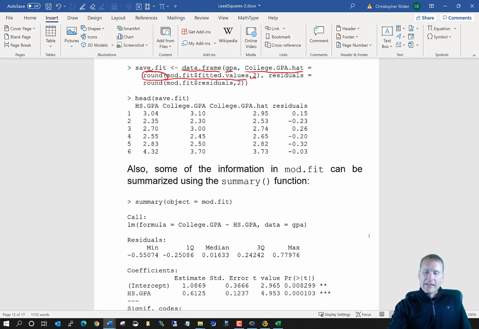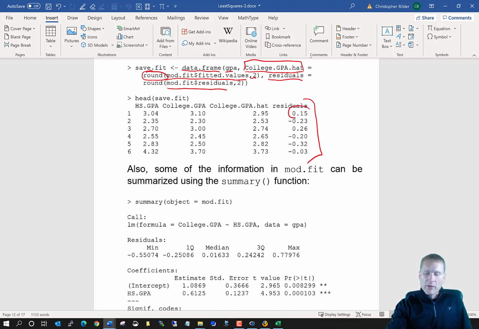Inside of my data.frame itself, I'm going to give it a nice name. I'm also going to do the same thing with my residuals and give it a nice name called residuals. I put that into an object called save.fit, and here's the head of save.fit.